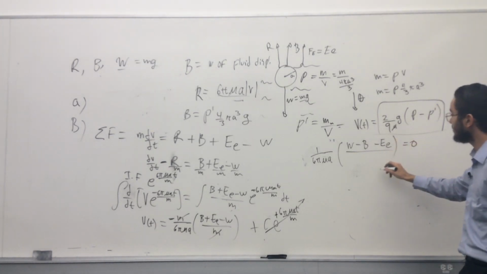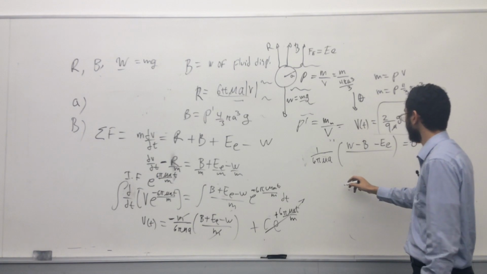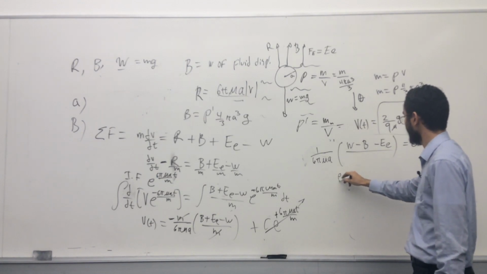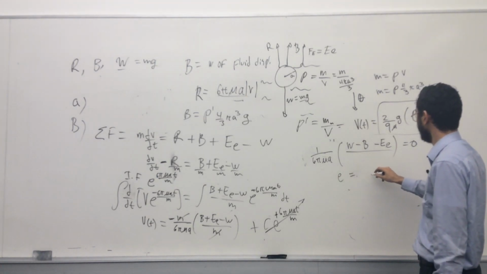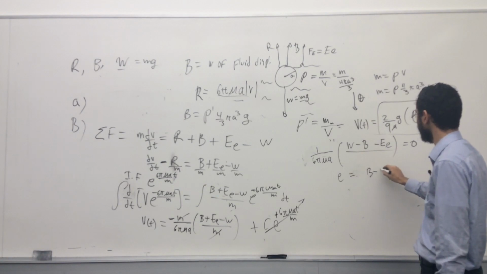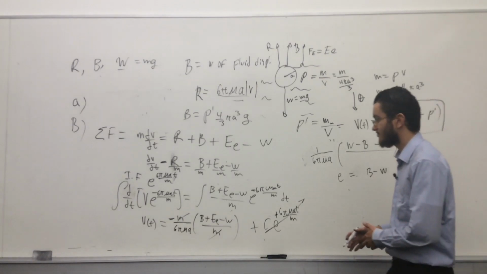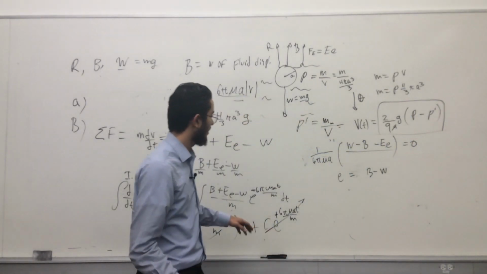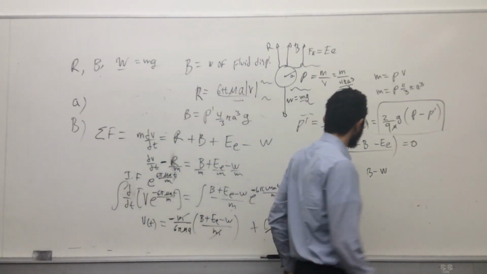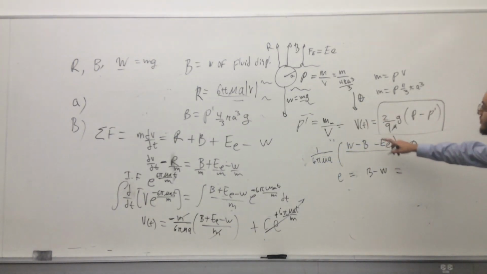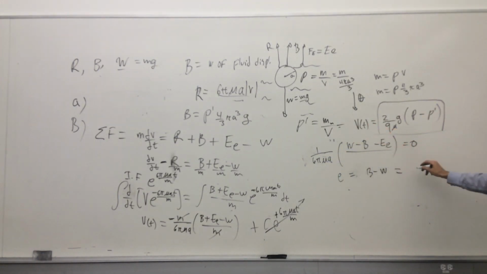So we're going to find E, which means that it's nothing but the buoyant force minus the weight. So that's what it should be. Although I'm not sure, let's see what we get. So buoyant force should be rho prime times 4/3 pi a cubed times gravity, and then the force is just mg.